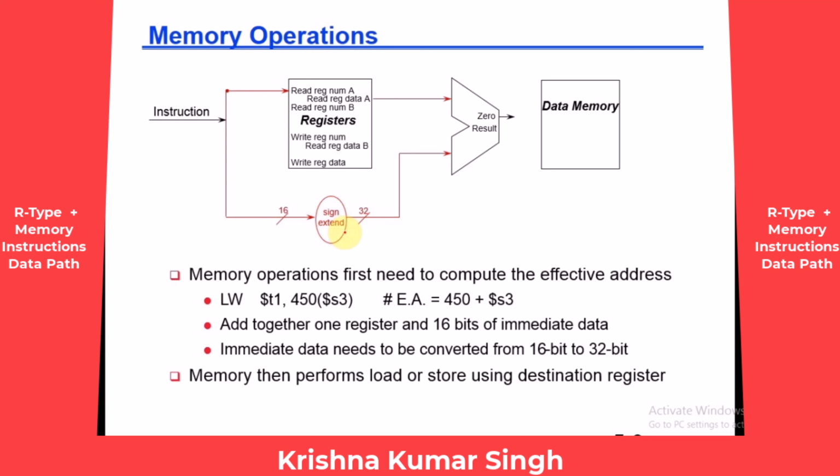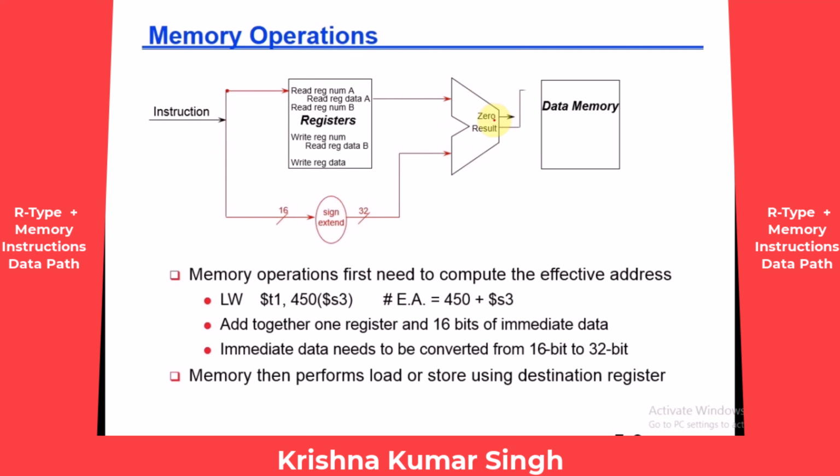If the leftmost bit of this number is 1, we put sixteen 1s on the left side and make it 32-bit. And if the sign bit is 0, we put sixteen 0s on the left side and convert it into 32-bit. So one register comes from the register file, and this number comes from the instruction part, and these two values will be given to the ALU.